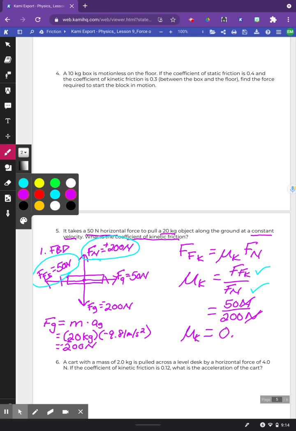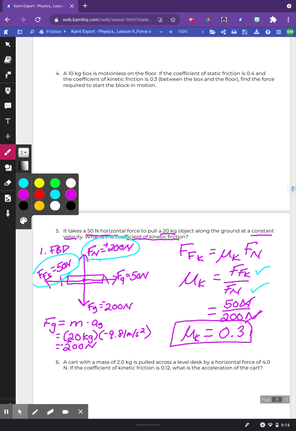And the answer that I get is 0.3, the coefficient of kinetic friction for this particular object. It has no units. And I feel like I'm in the right spot because the final number, the coefficient of friction that I ended up with, is somewhere between 0 and 1. And that's where a coefficient of friction should be, to be correct.